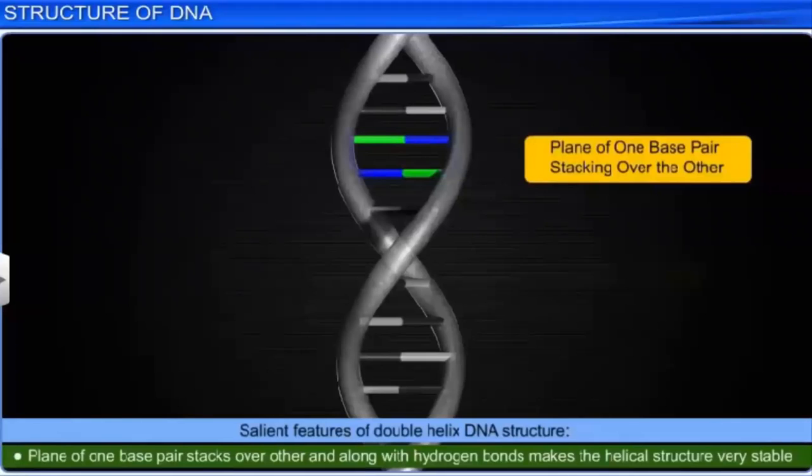Okay, the nitrogenous bases. So what happens? The distance is fixed, and that's why, when we calculate the distance between two turns, we can find 10 pairs of nucleotide pairing, and the distance between each is 0.34 nanometers.